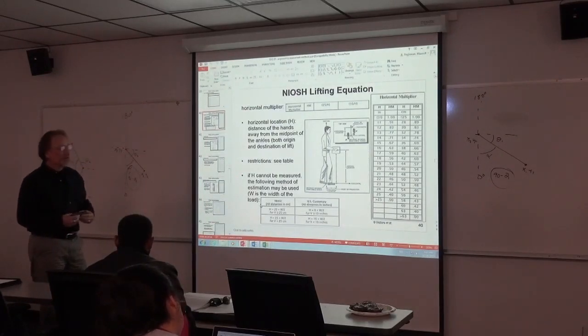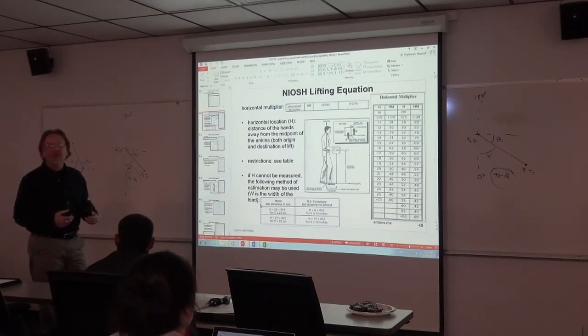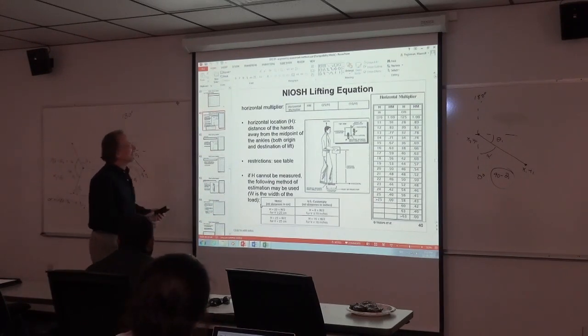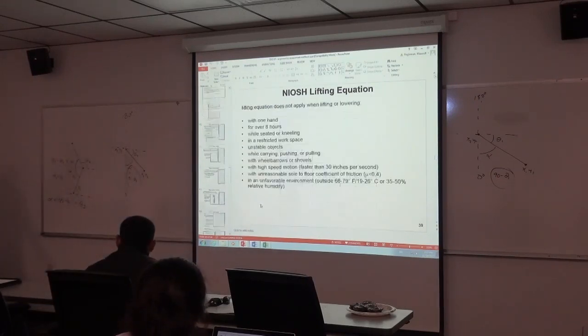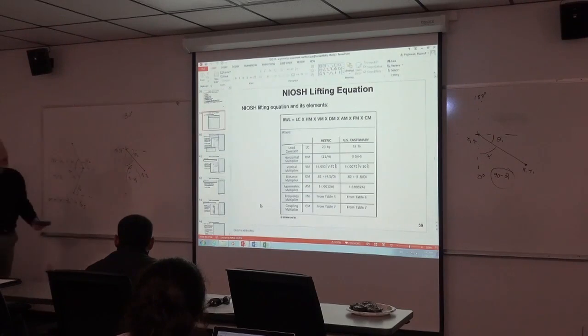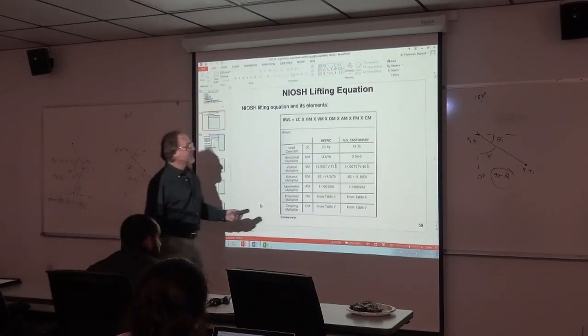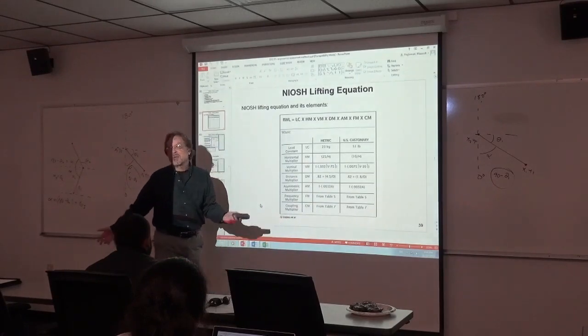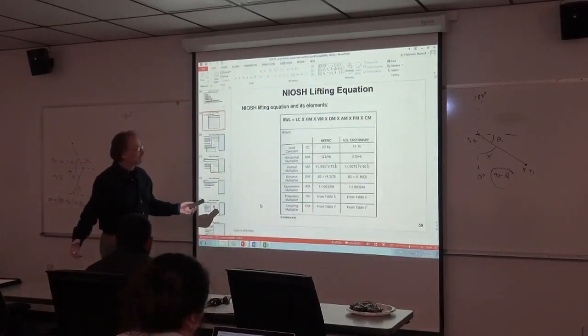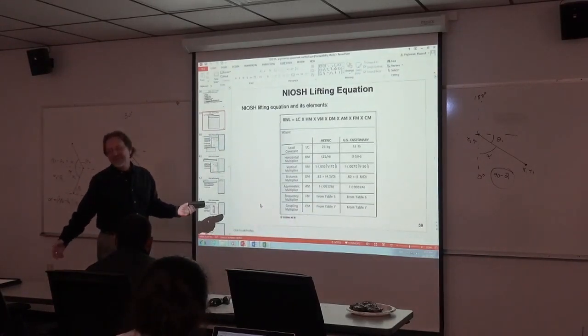And you'll notice the multiplier is never greater than 1. This is a proportion. Because what we're doing is we're cutting down this original load, the load constant. It's either 51 pounds or 23 kilograms. That's pretty much the limit. And what we're doing is saying how close we are to that limit for lifting.